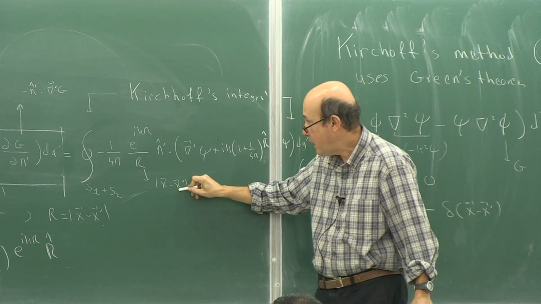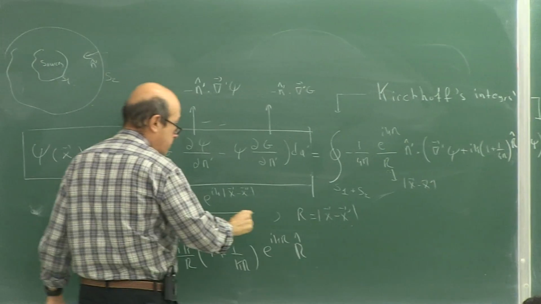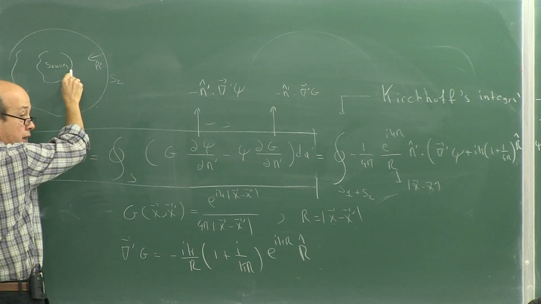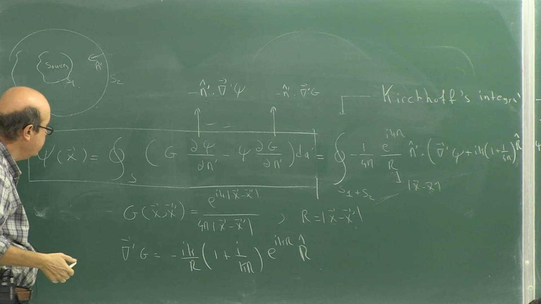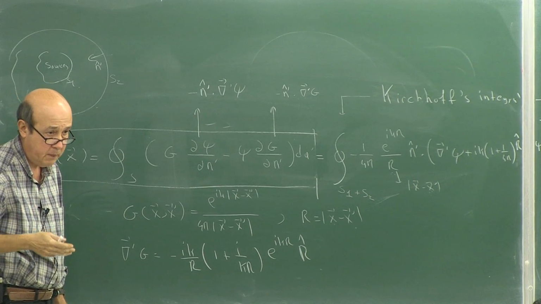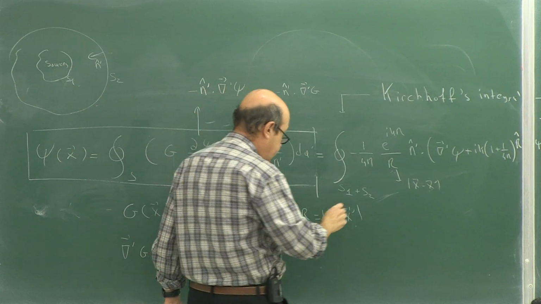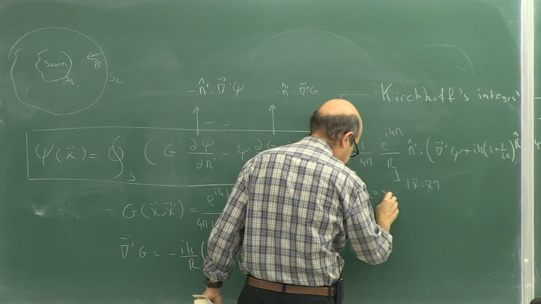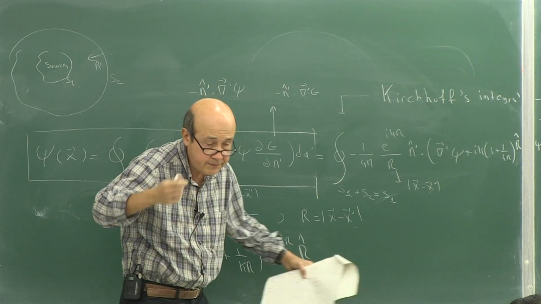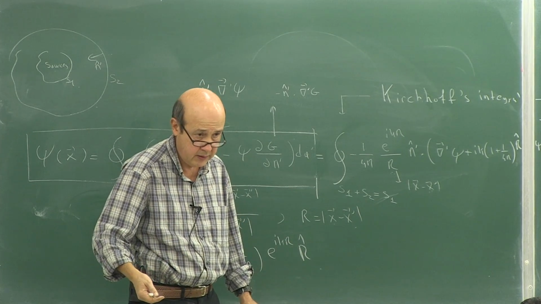If x prime is in the region S2, that is much greater than the region of S1, so the integration through S2 will be unimportant. The important part of the integration will be the integration over S1, and integration over S1 means integration through the apertures.